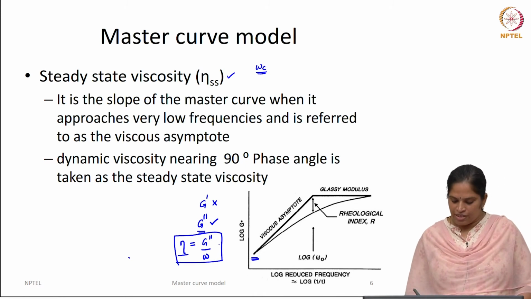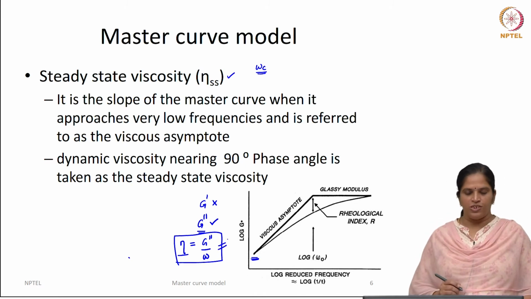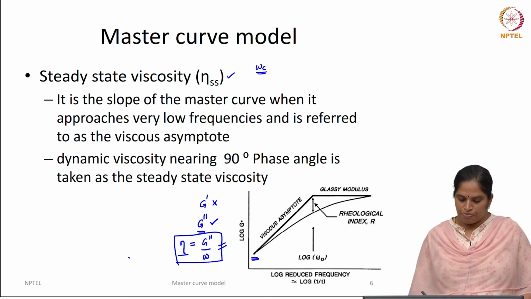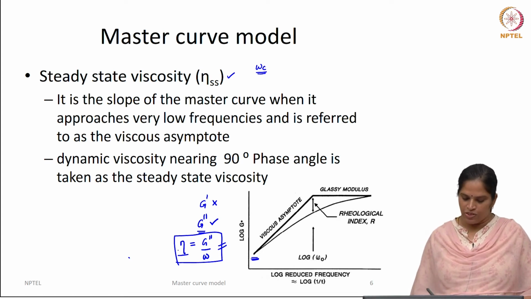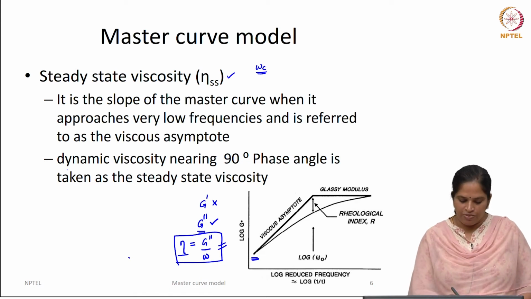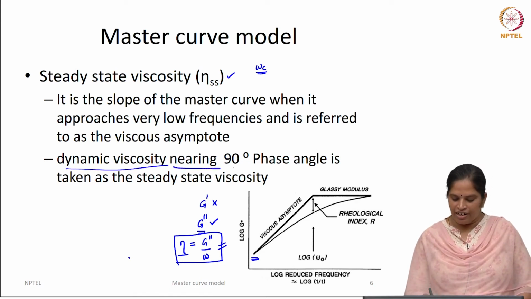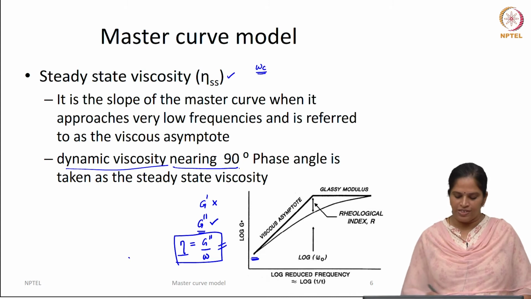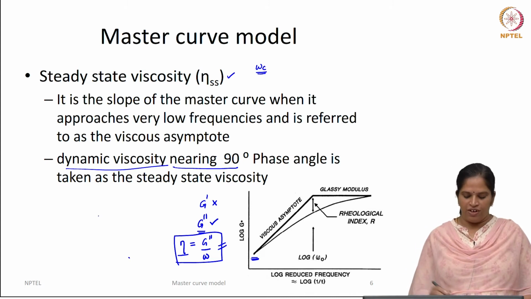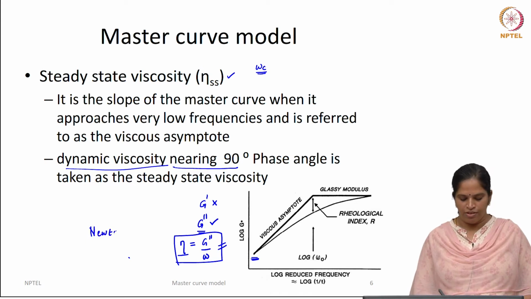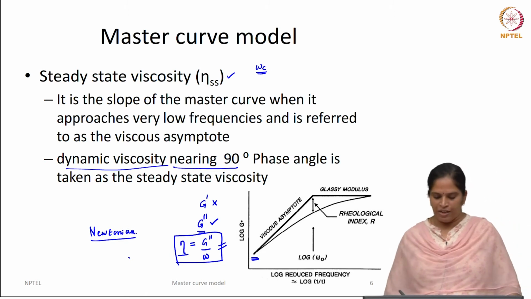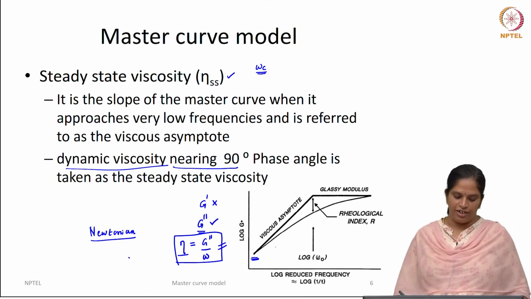So now measure this dynamic viscosity value; the slope of this function gives you the dynamic viscosity value. Measure it when the phase angle is nearing 90 degrees. Why 90 degrees? When the phase angle is 90, the response of the material will be Newtonian. It may not be exactly 90, it may be nearing 90.